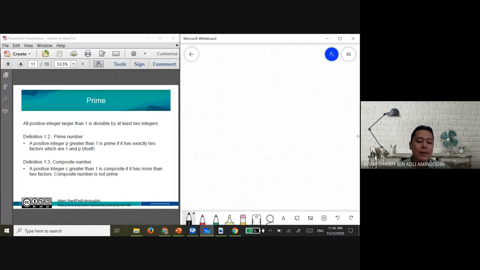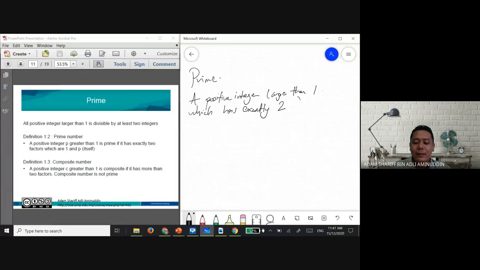Okay, the definition of a prime number is a number which has exactly two factors. Prime number, a positive integer larger than 1, it has exactly only two factors, which is the first one, 1, and also itself.